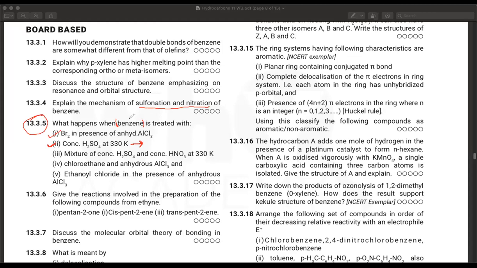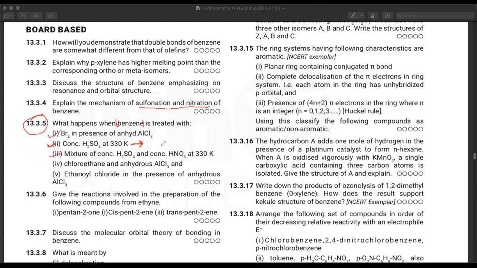So once you know that you have benzene and concentrated sulfuric acid, what is the possibility there? Sulfonation. Yes. Then a mixture of concentrated H2SO4 and HNO3. Nitration, yes.